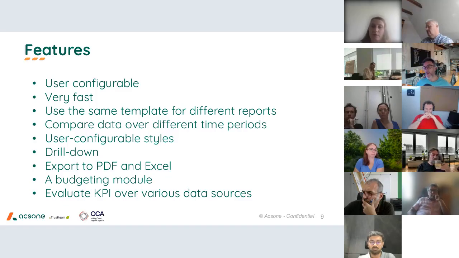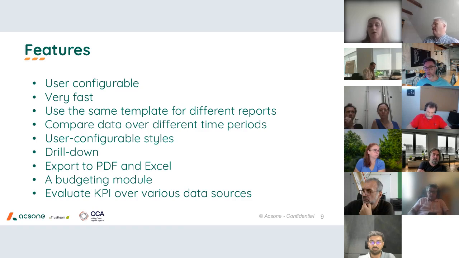For example, you can have a report to see the data for different months, January, February, and you can have the same report with the same template, but to compare the actual data with the budget data. So you can split two reports according to the needs of the users.